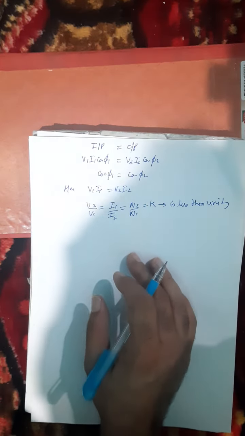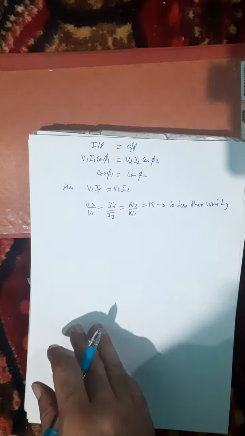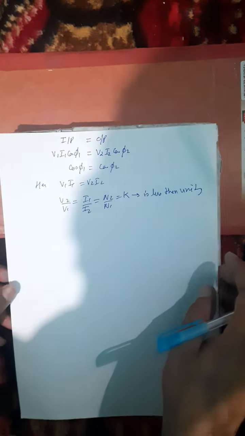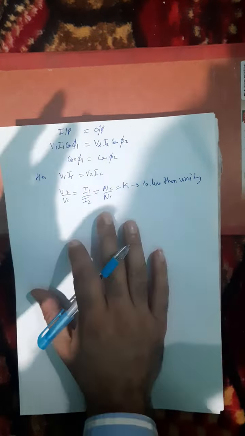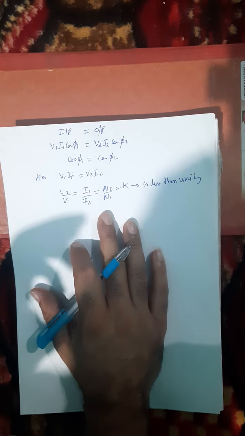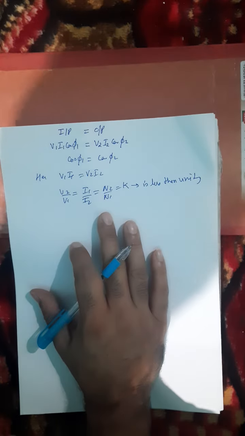Now I am saying that additional current I1 is drawn from the source so that it neutralizes the effect of the current flowing in the winding BC, so that the flux produced by the current in the winding BC is neutralized, and the flux in the machine remains constant.